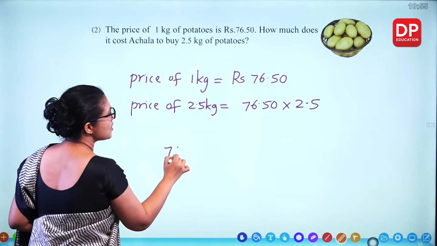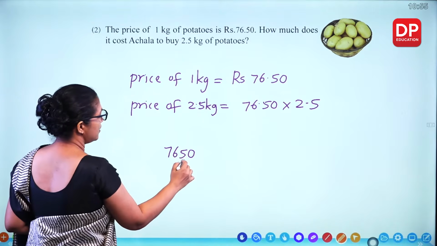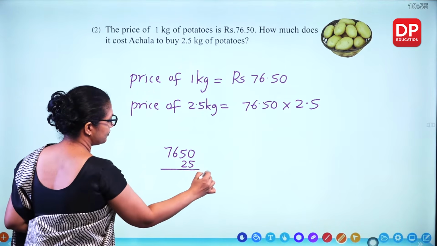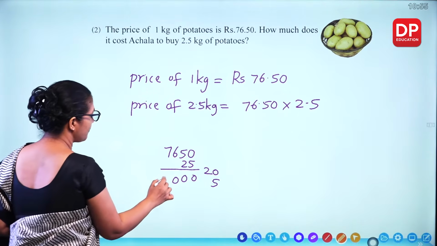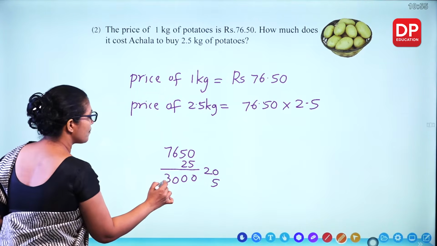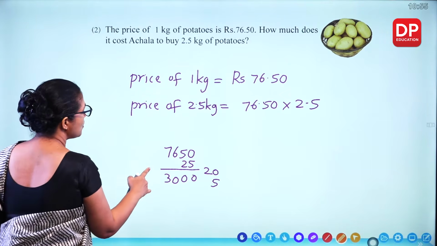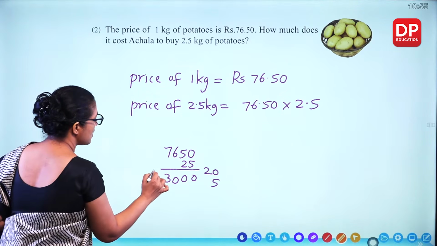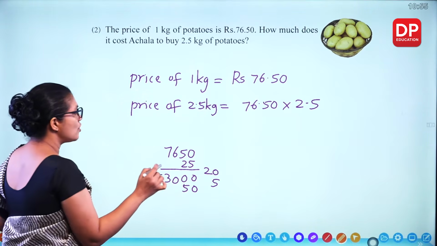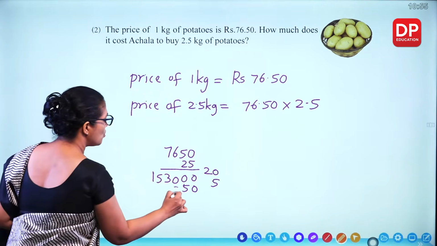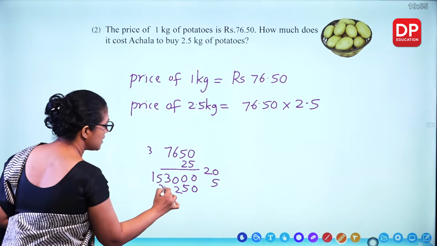So first 7,650 multiplied by 25, 20 and 5. 2 times 6, 12 plus 1, 13. 2 times 7, 14 plus 1, 15. 0, 25, 32. 3 remaining. 35 plus 3, 38.